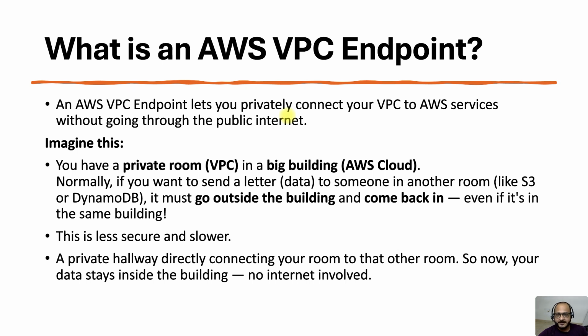The very first thing, you can attach an internet gateway, like you can add a route to the internet gateway, or you can use a NAT gateway. Or third, if you don't want to use any internet gateway or NAT gateway, and you want secure private communication from your S3 service to your private EC2 instance, then you have to create a VPC endpoint.